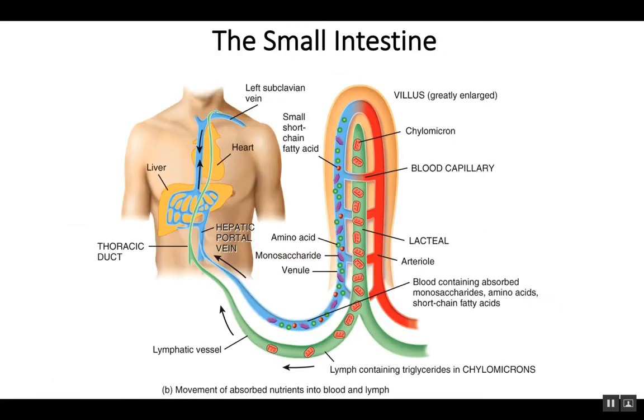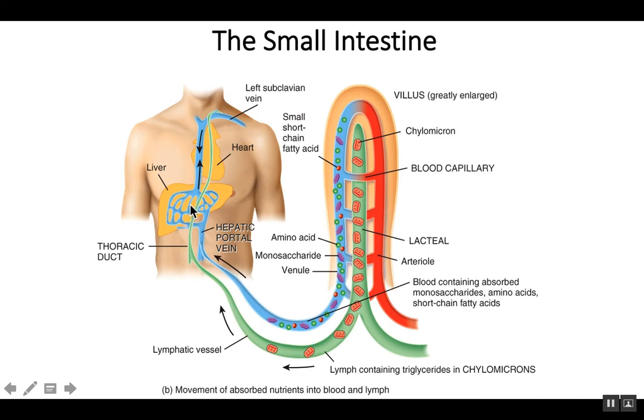This is also shown in this picture, where you have a drawing of a villus inside the lining of the small intestine. We're getting absorption of amino acids, monosaccharides, and short chain fatty acids, just the teeny tiny fatty acids. They go into the blood, eventually go to the liver via the hepatic portal vein.